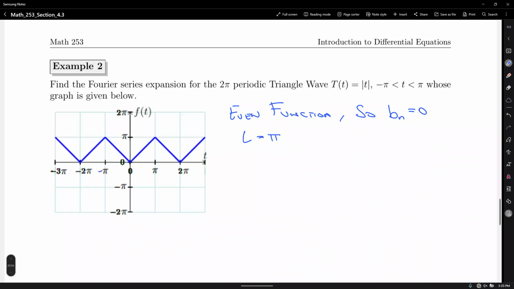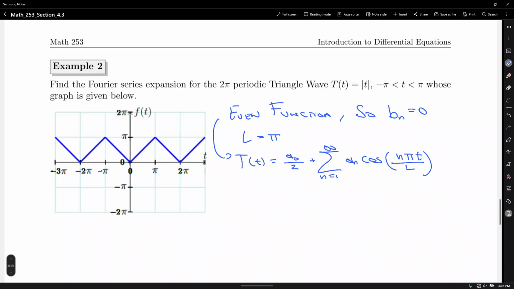Okay? And well, so that means because the function is even, this triangular wave T of t equals a sub 0 over 2 plus sigma n equals 1 to infinity of a sub n cosine of n pi t over L. I know, guys, in the formulas the variable is x, but for the exercises, we're using the variable t.